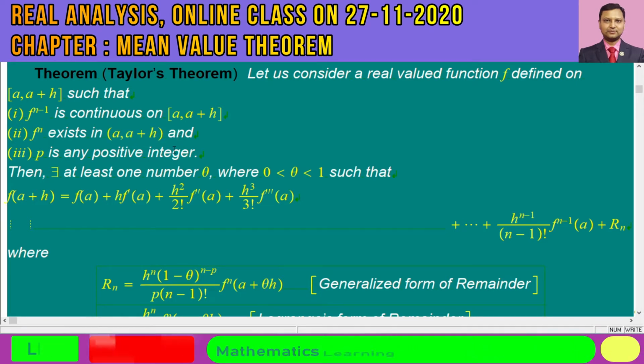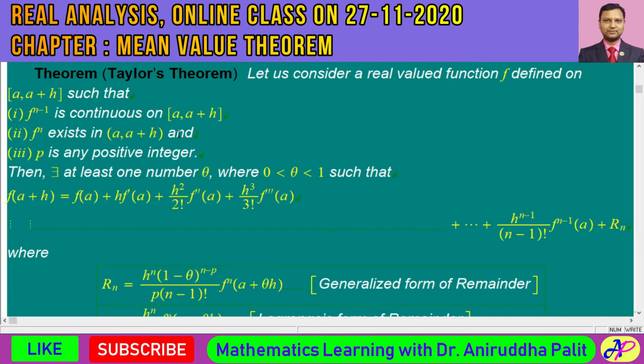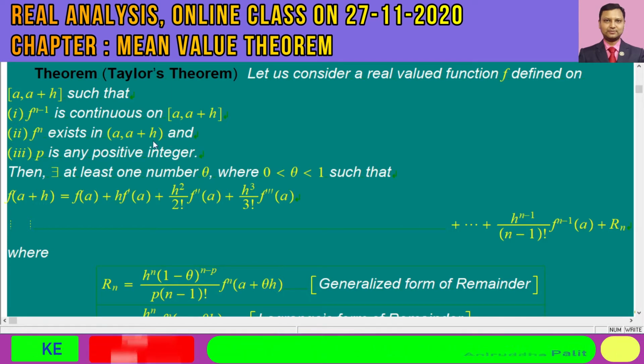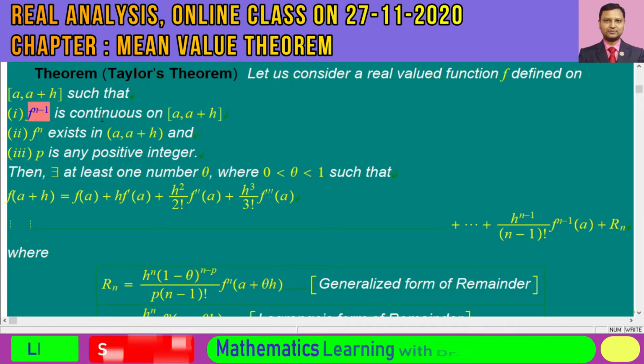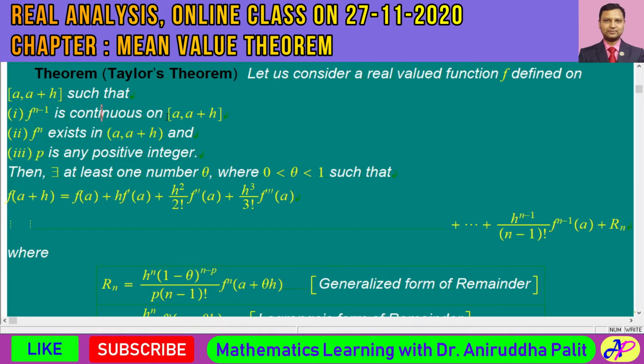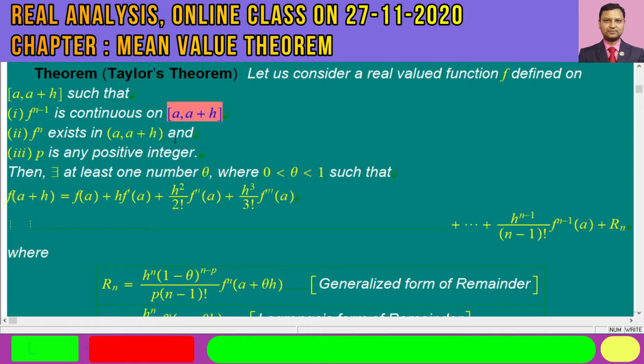But over here in Taylor's theorem, in place of the function f, we use the (n-1)th derivative of f, f^(n-1), which is continuous on [a, a+h].